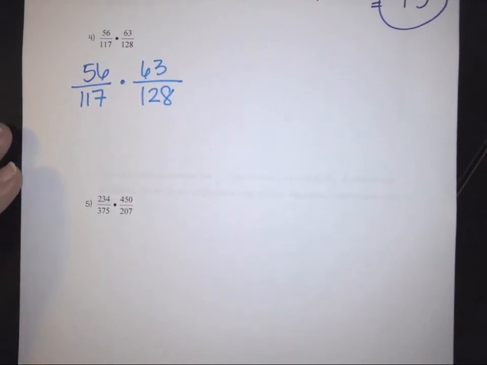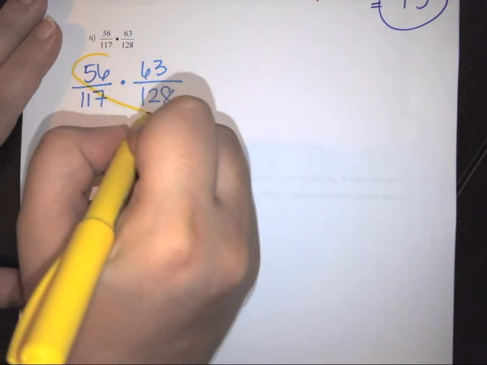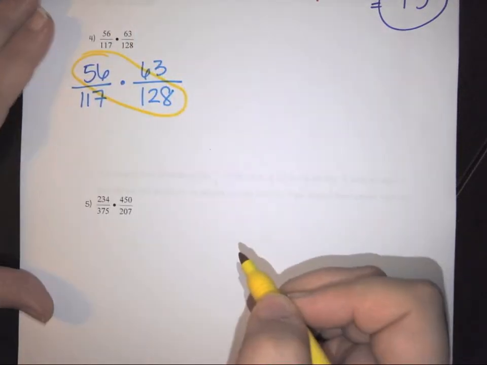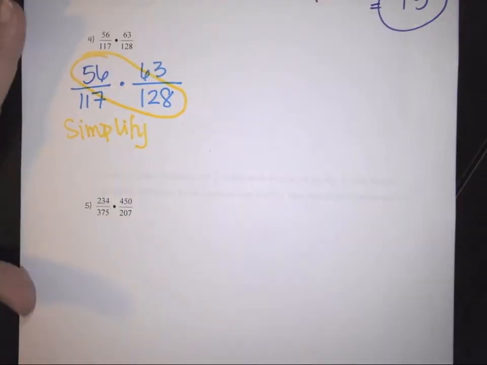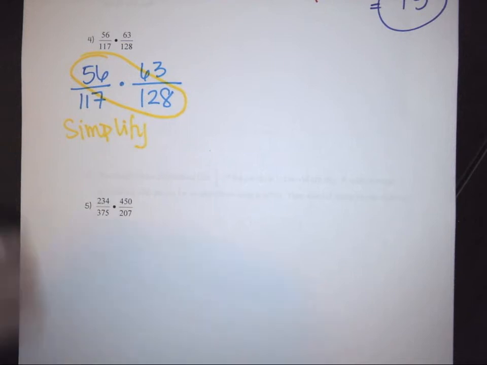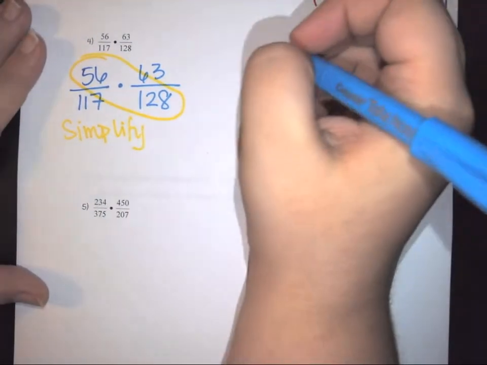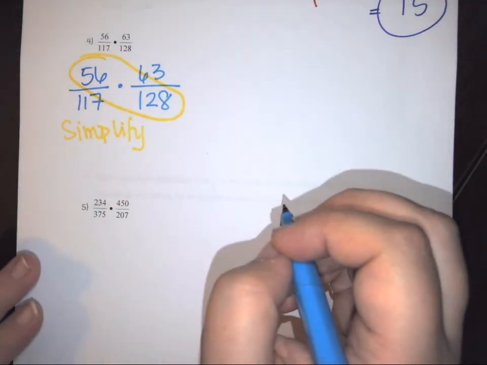So, the first thing that I would do is I would look at the fact that I have these two even numbers here. And I would see if I can simplify these. So I have 56 and I have 128. I would go ahead and make your factor trees if you need them, because these are relatively larger numbers.